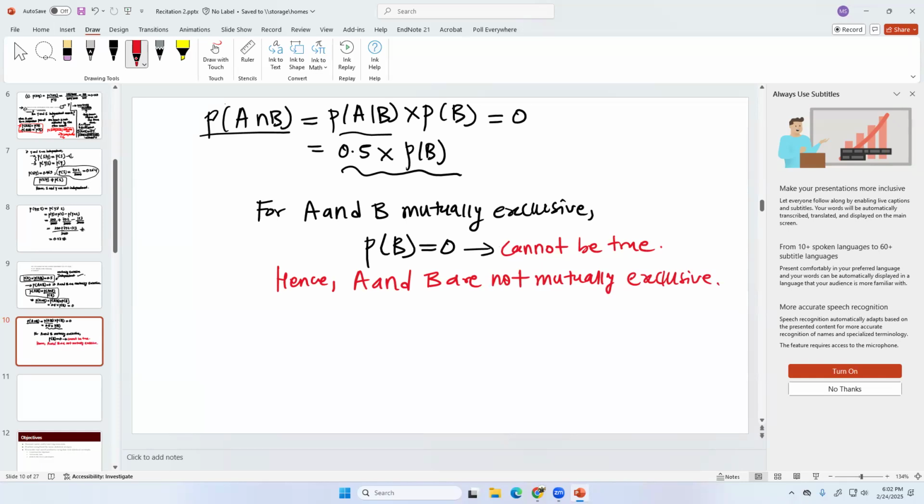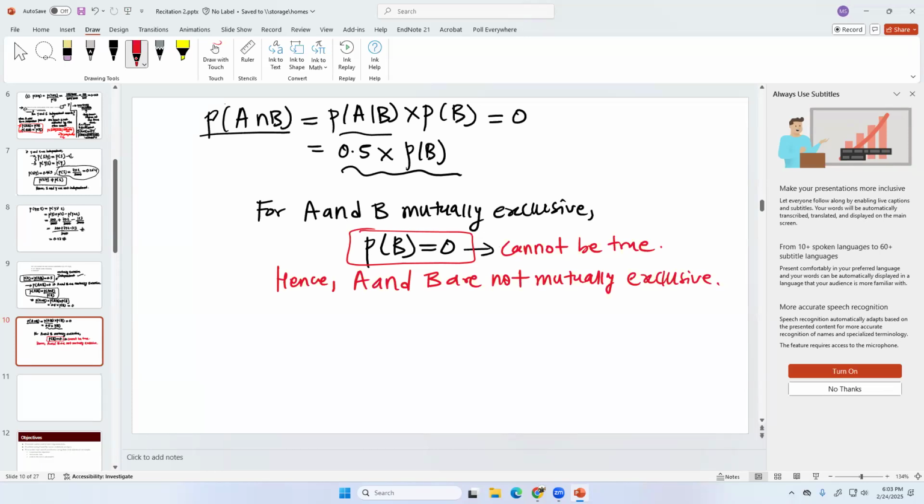For A and B to be mutually exclusive, the probability of some event has to be 0, and this is theoretically possible, but not practically possible, because everything has some probability. It might not happen. It might not snow right now.